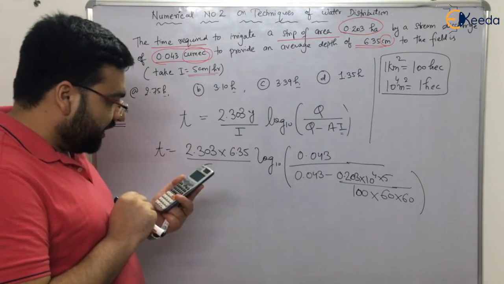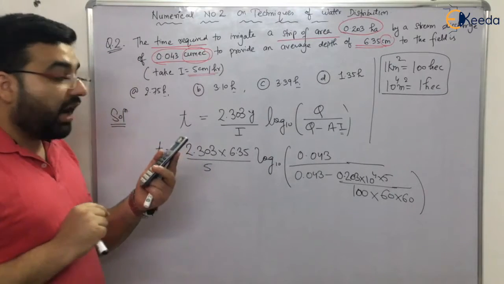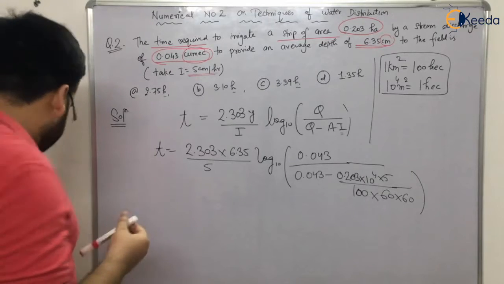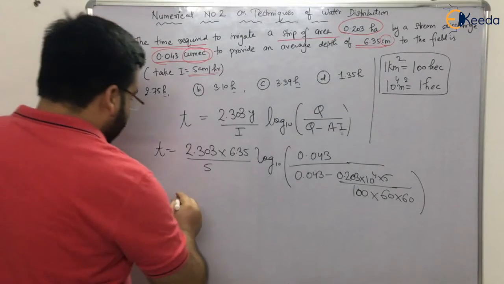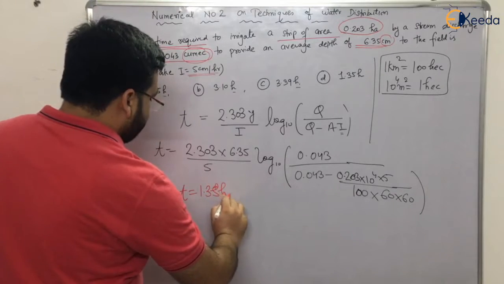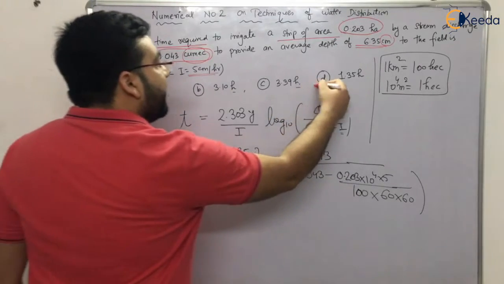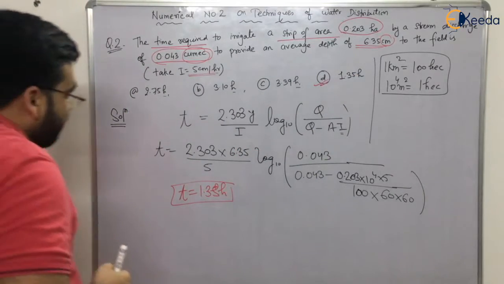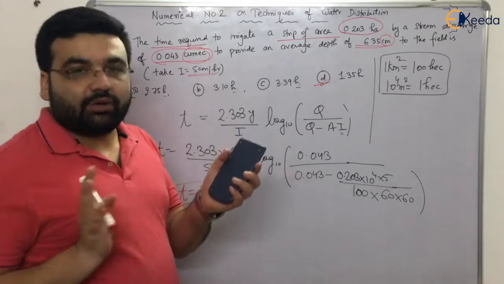So it comes out to be 1.35 hours. So D is the correct answer. And again I am repeating, as you know, I am doing the calculation with a scientific calculator.